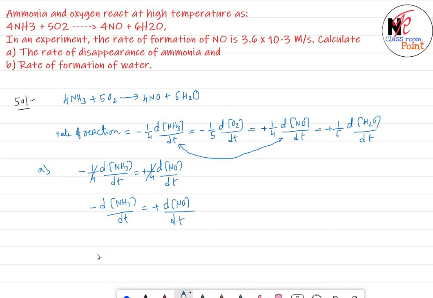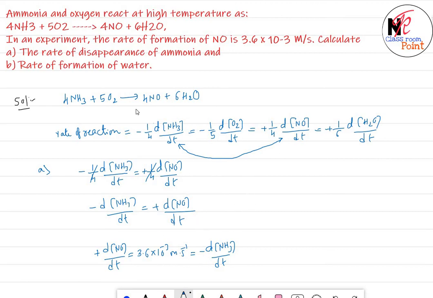The rate of formation of NO is given as 3.6 × 10^-3 molarity per second, which equals the rate of disappearance of ammonia. This is the answer.